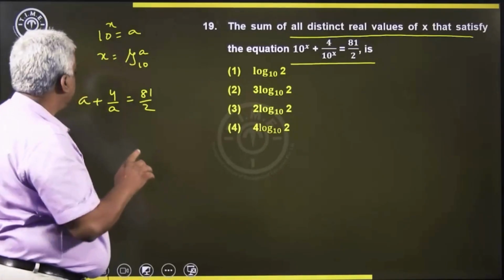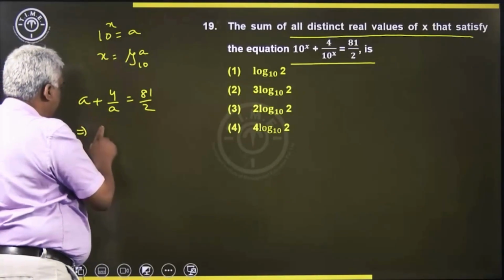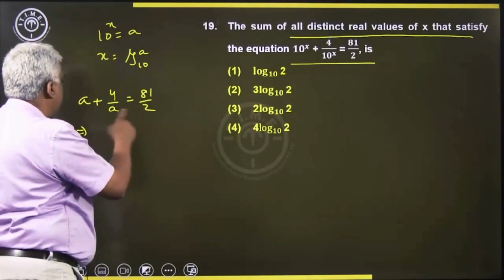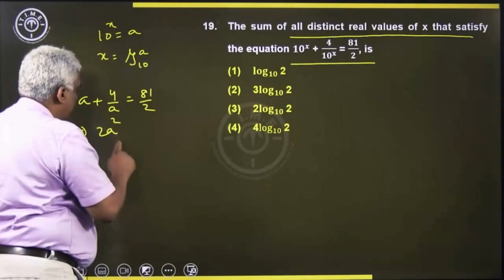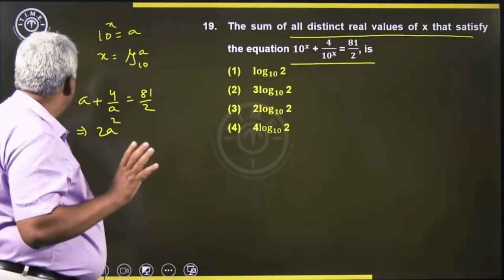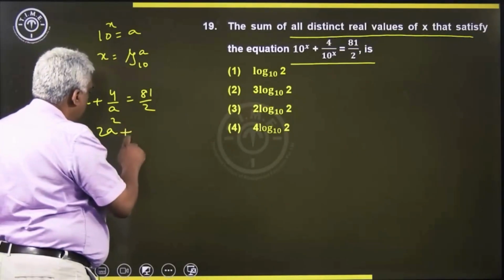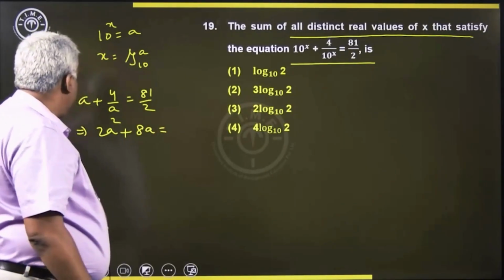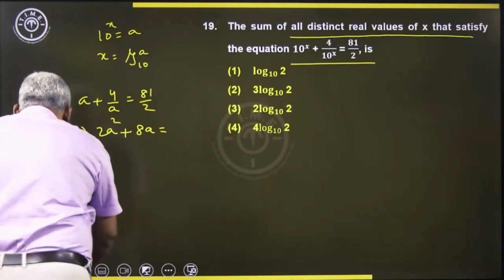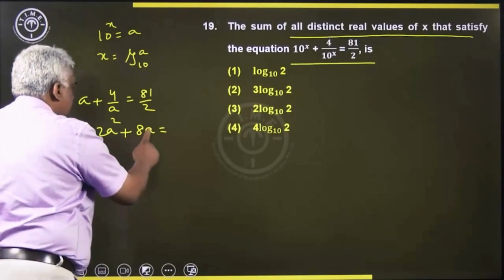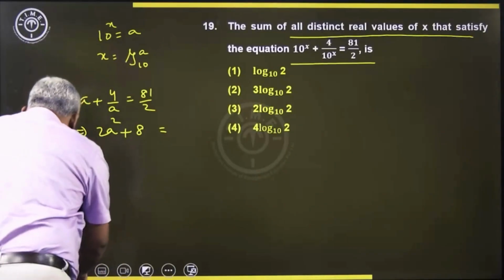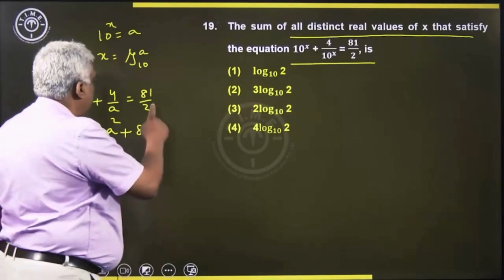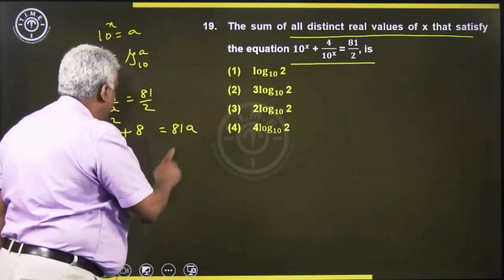Multiplying both sides by 2a, we get 2a square plus 8 equals 81a.